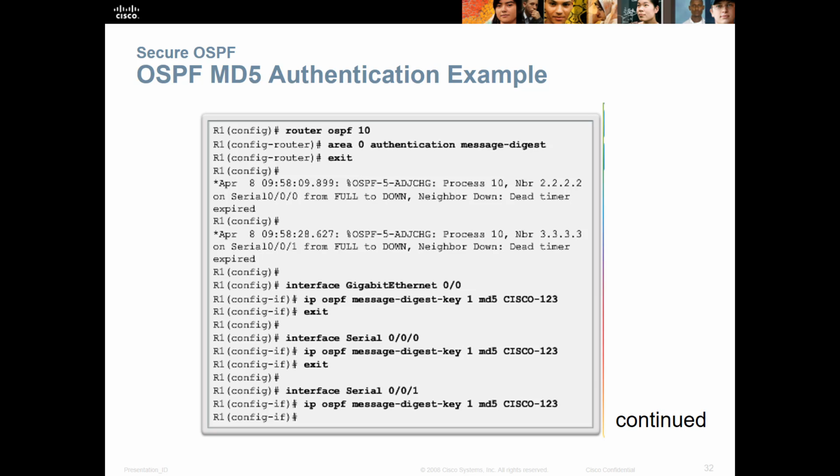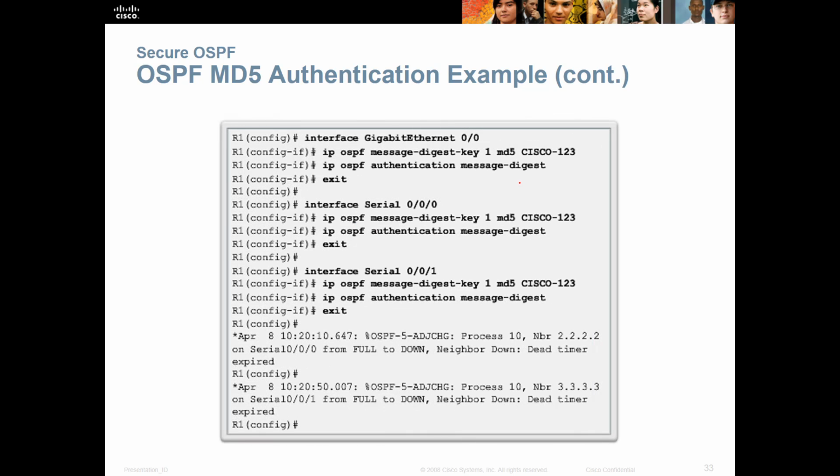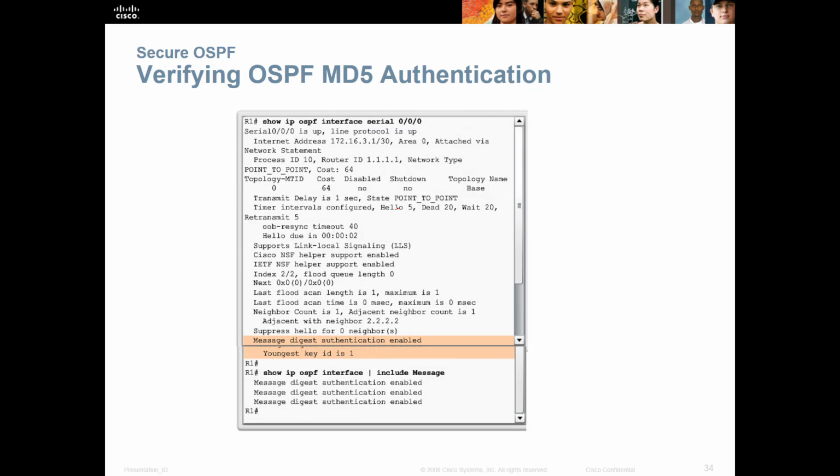Next, underneath each interface, we're going to do IP OSPF message digest key 1. We're using MD5, and we're setting the password. And we can follow that through on all the interfaces. We can do the OSPF authentication message digest per interface, doing it this way. So instead of having it done under the router OSPF process ID, we can do this underneath each interface, and that would also work.